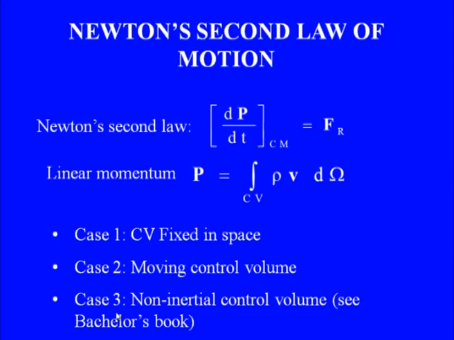The first case would be Cv is fixed in space, and the second case could be a moving control volume, and third case could be we have got a non-inertial control volume, that is a control volume which is moving with some velocity, accelerating and rotating at the same time. Now, the third case we are not going to discuss it here. Interested readers might refer to Batchelor's book on fluid dynamics.